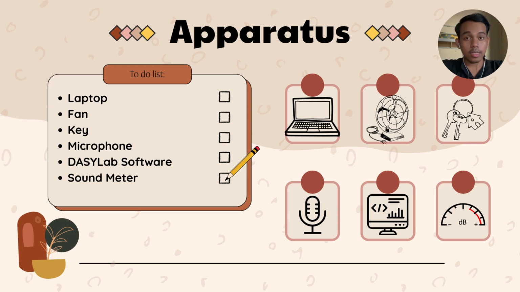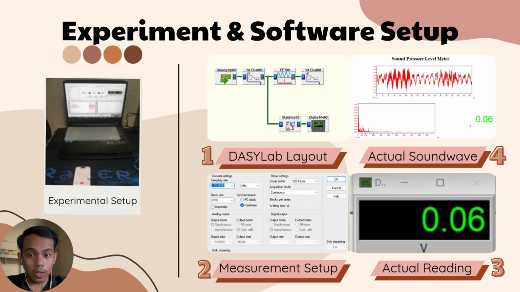The DaisyLab software is used to set up the system and to get the result of the time domain graph and frequency domain graph. And lastly, we need a sound meter, which is an app, and we can use it on a smartphone.